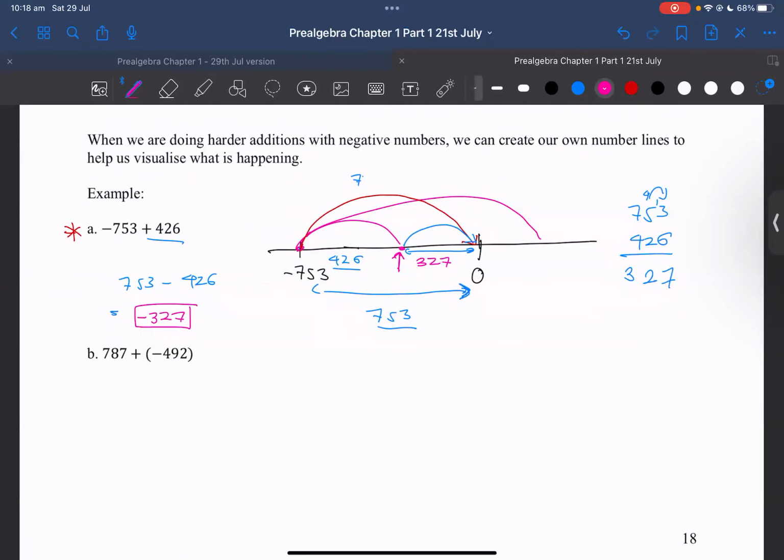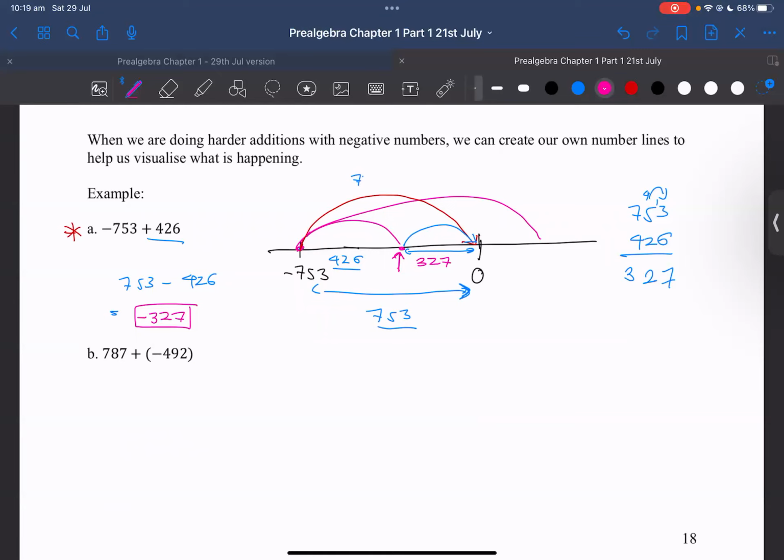If it's 327 to the right of 0, it must be... Can anyone answer? So I want you guys to get this concept. Let's do another number. If a number is 380 to the right of 0, what does that mean? What's that number?